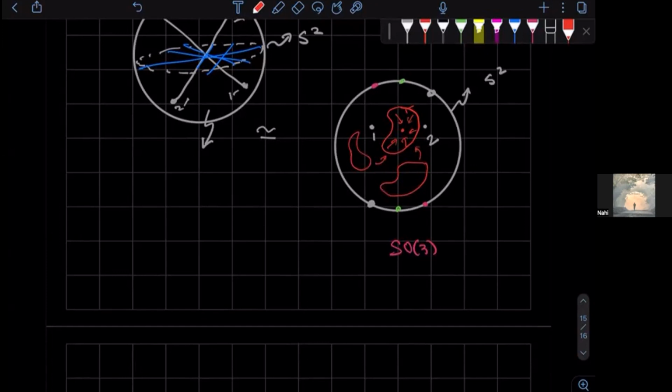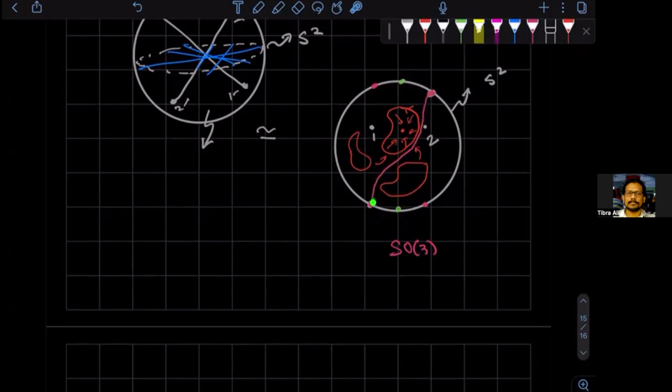Yeah. However, if I have a loop which starts from here and goes and ends at the antipodal point, that loop, if I want to shrink it down to a point, what would I have to do? I would have to bring these two endpoints close together, right? And if I bring this over here, this guy goes in the opposite direction.